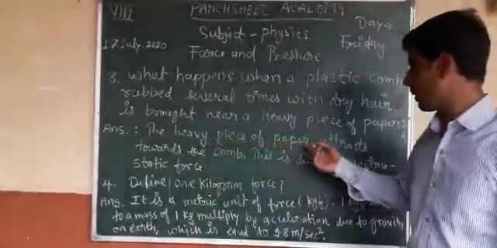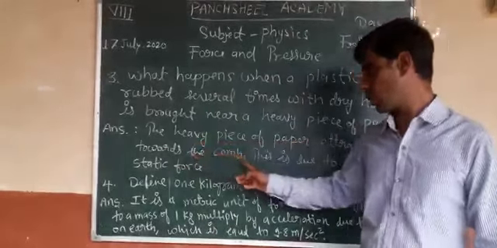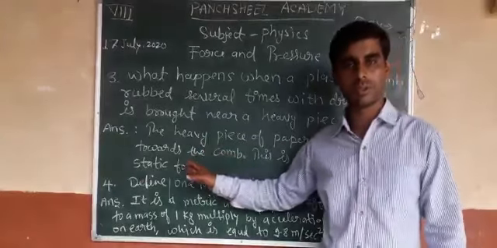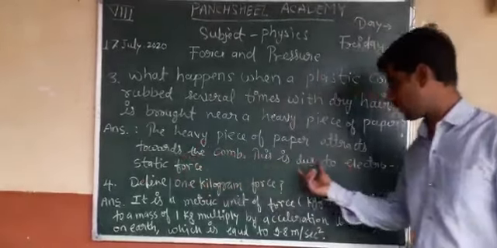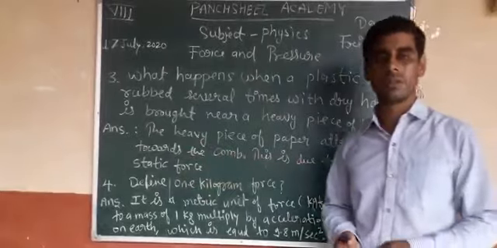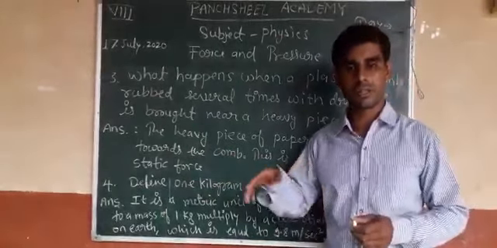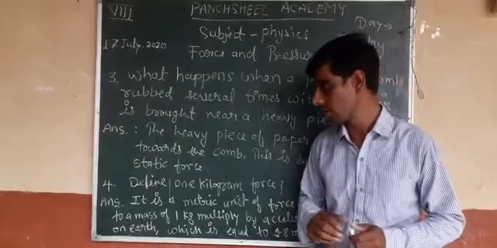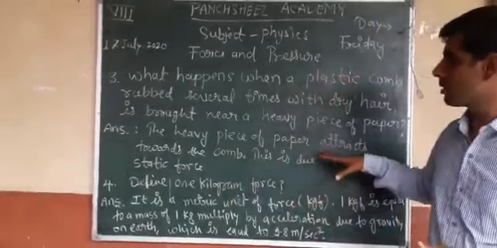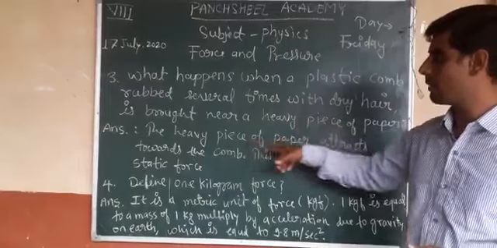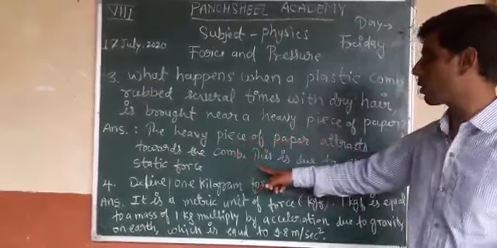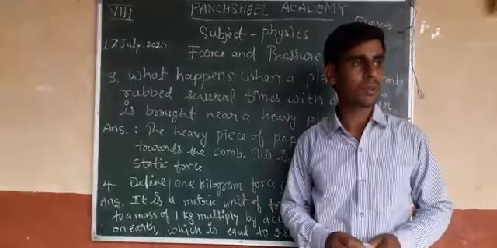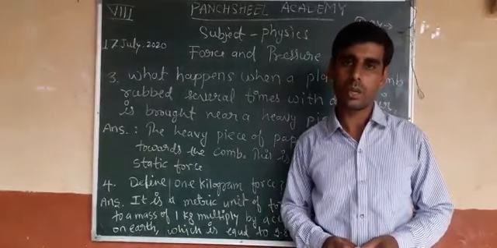The heavy piece of paper is attracted towards the comb. This is due to electrostatic force. Okay, this concept of electrostatic force we discussed in our class notes section. So the answer is a heavy piece of paper is attracted toward the comb. You also see this example generally in your day-to-day life.